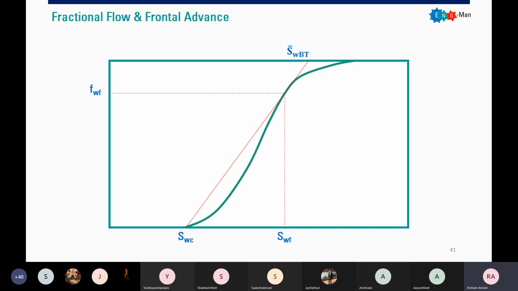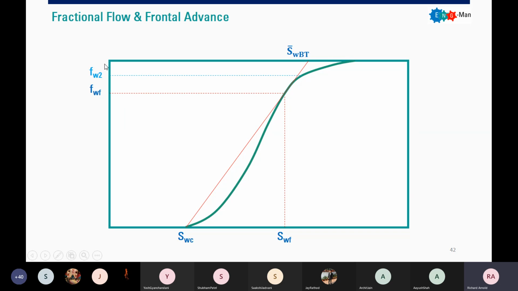Okay, and then we continue our water flood, we continue our production, we will have water cut 2 after water breakthrough. Okay, so at any given time after water breakthrough, you can do water sampling from your producer. You will do processing in your laboratory and you measure the water cut. Okay, if you get that water cut, you can estimate the average water saturation in your reservoir.